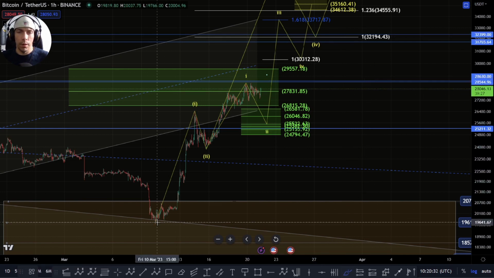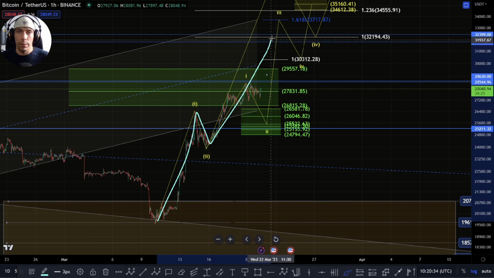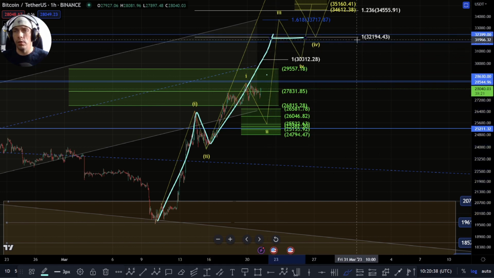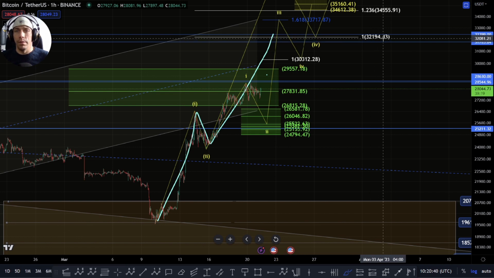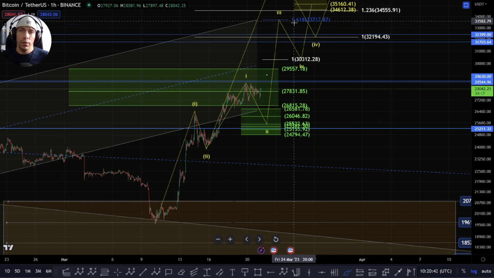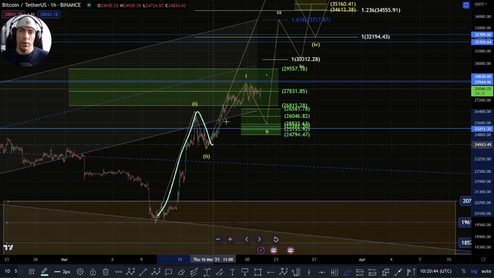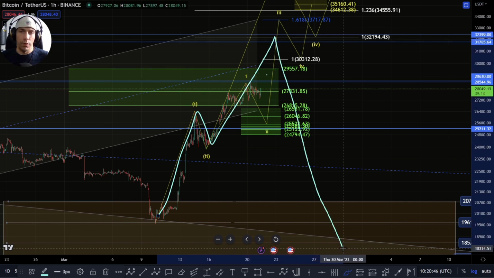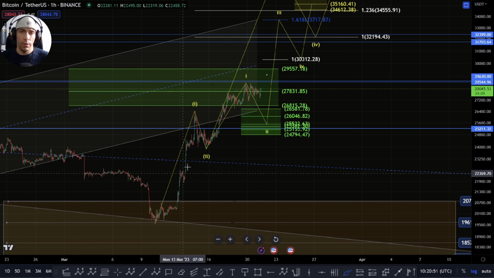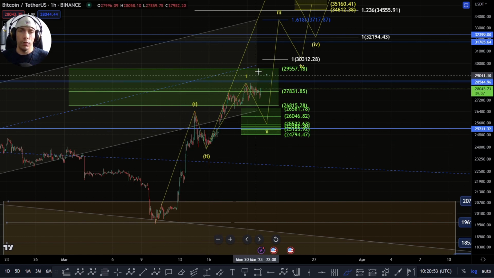So if we just form a three-wave move up like this, potentially moving up to even as high as this 32,194, it is still possible that we could just see this actually play out like this and then we actually break down.